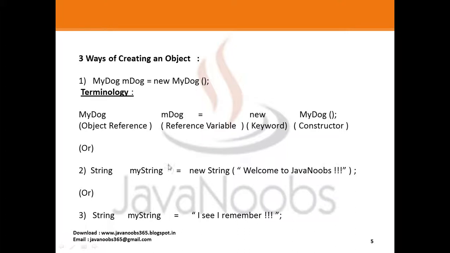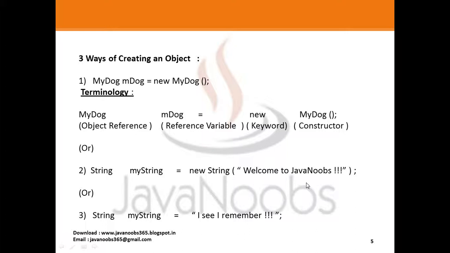Now the same thing can be written in another way, that is the third way. You write String myString is equal to "I see, I remember". That's it. No need of using new String. You can just use quotation marks with any string which you like. So these are the three ways of creating an object.